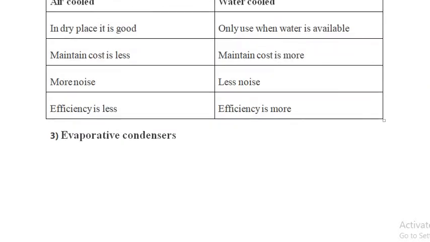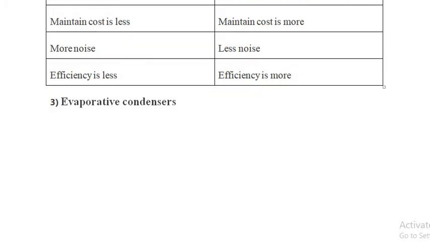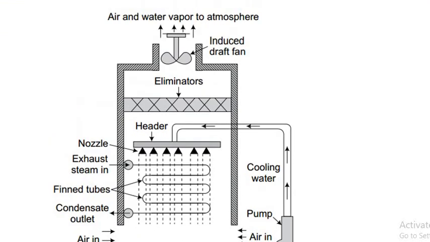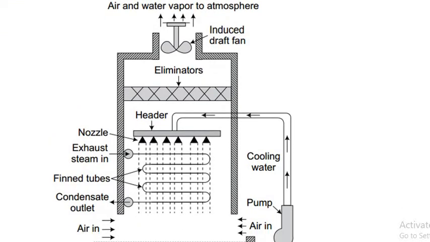And next one, this is the evaporative condenser. You see this diagram. Here the air and water vapor go out to the atmosphere. The air enters from the bottom of the condenser, and the cooling water enters the header from a pump.